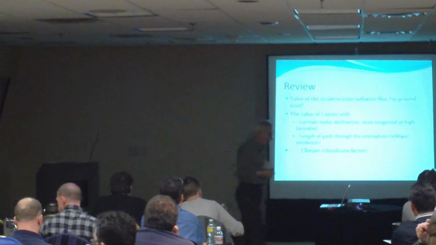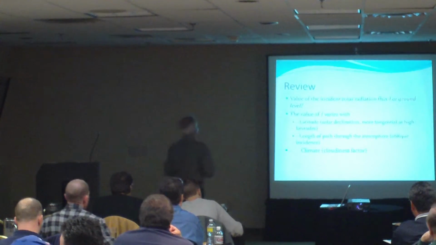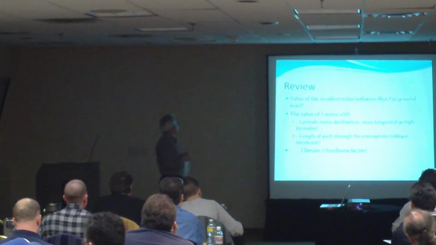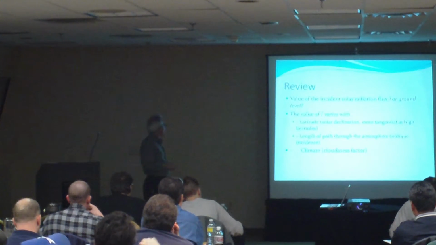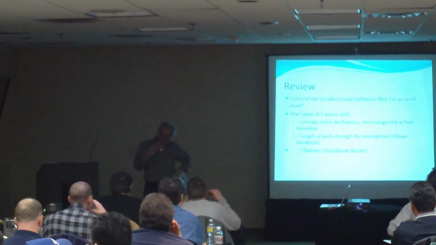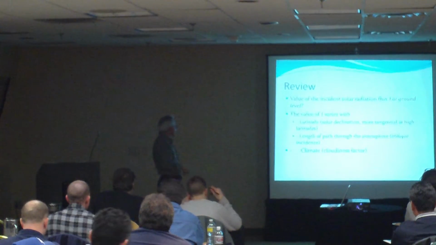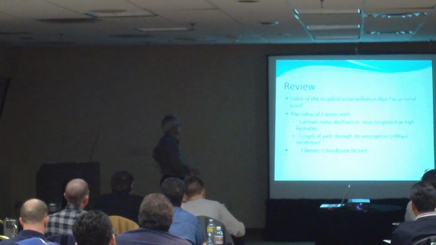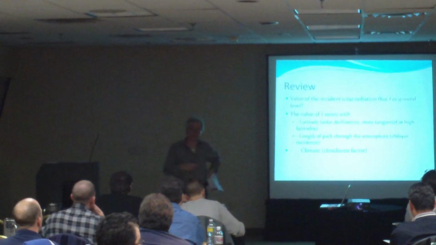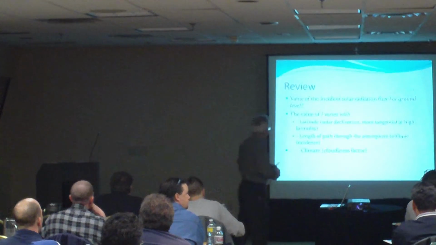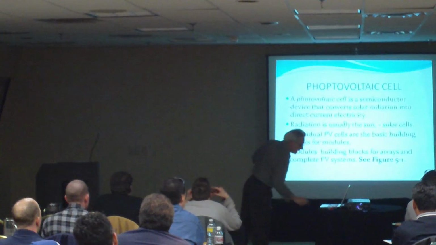Just for a review, the solar radiation, or the flux, depends on the latitude, the length of the path, and the climate, how good of a climate we have. This is one of the biggest considerations, okay?